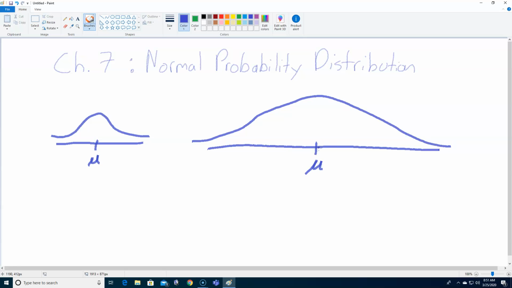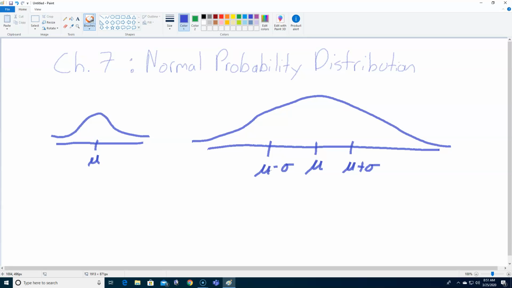Mu is your middle, which will always be your average, but how they travel out will be by standard deviations. So what they're going to show in a book is mu plus sigma, right? A mu plus a standard deviation is the traveling, or mu minus a standard deviation. That's how it will travel, and it will keep traveling in standard deviations.